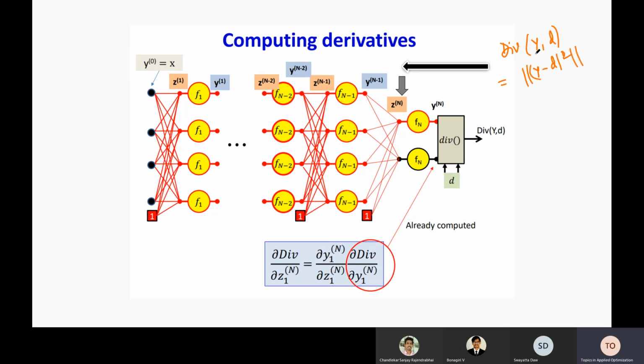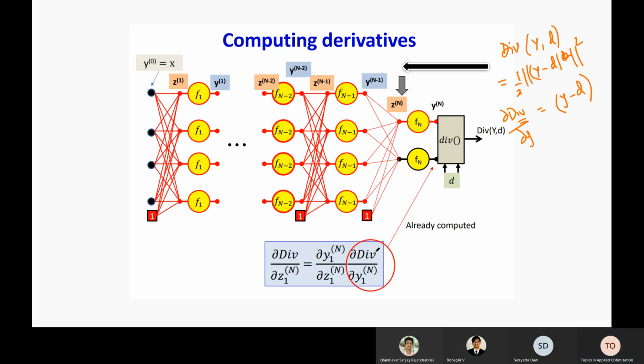Sorry, the 2 is outside. So if I take a derivative of this, half is there just to cancel out the 2, then the derivative del L by del y will be y minus d only, because the half and 2 got cancelled.